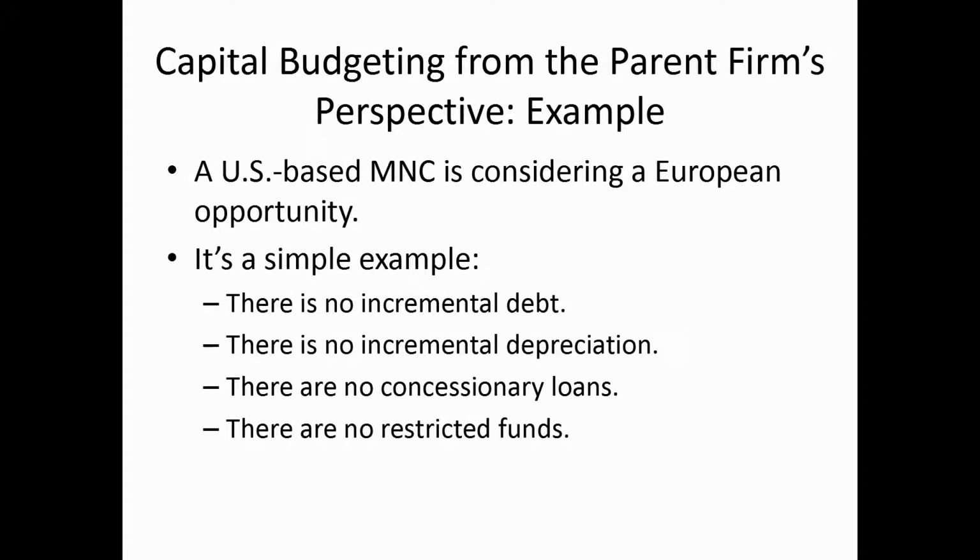Here we have some assumptions. Of course, this is a US company and everything has to be converted into dollar terms at the end of the day. We have a foreign business in a European country, and let's say we receive euros for the future cash flows. We also assume no incremental debt, no incremental depreciation, no more loans, and no restricted funds.